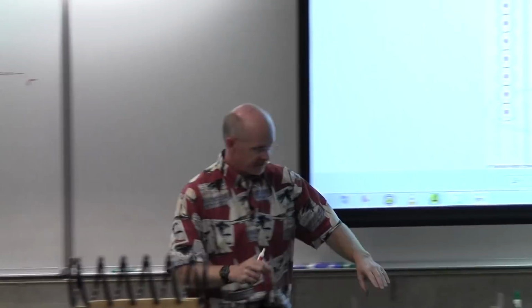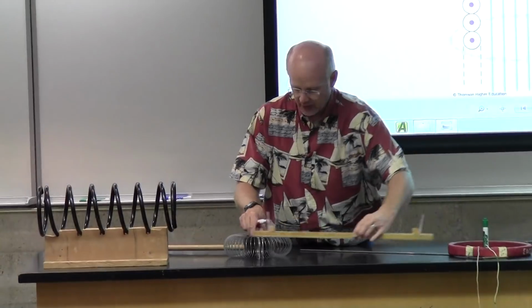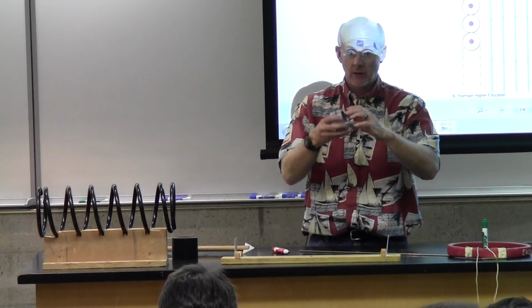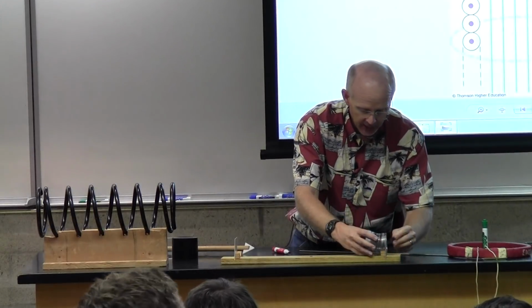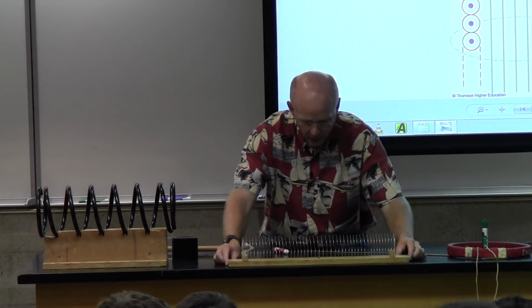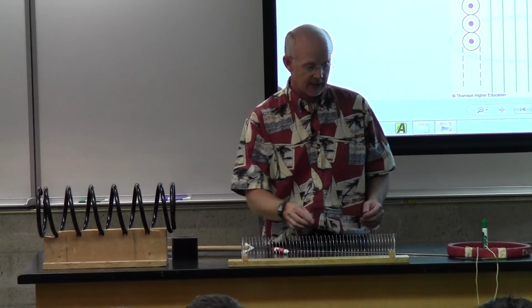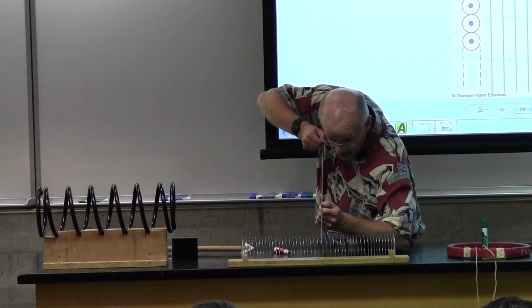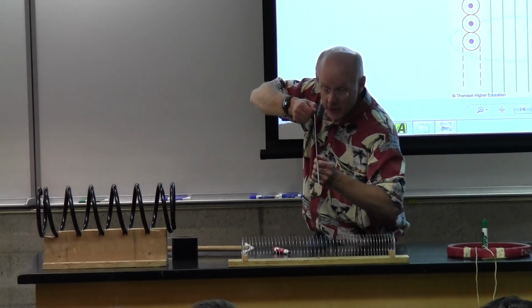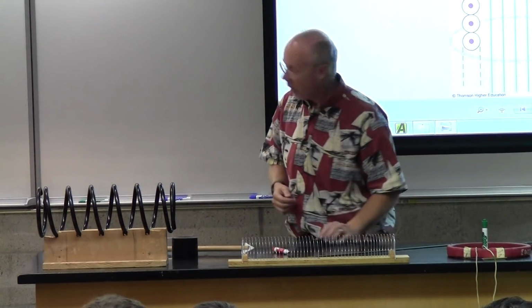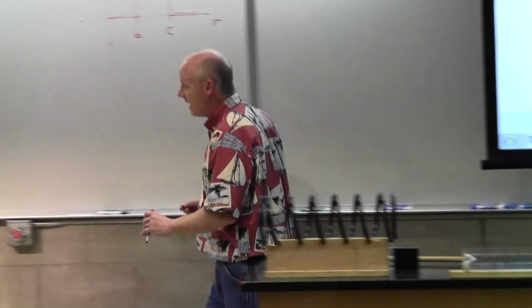And in lab tomorrow, you're going to do exactly that. You're going to take this slinky and put it on one end and put it on the other end, and you are going to build your own little toroid. And you're going to take your Hall probe and stick it in and through that. And you're going to measure what is the field on the inside, what is the field on the outside.